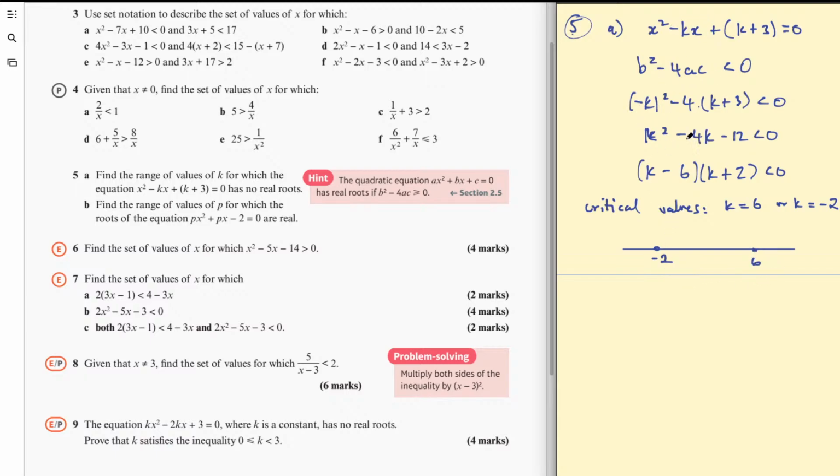And it's a positive, so it'll be this way. And we want the values of k less than 0, so the range of values for k will be between negative 2 and 6. And that's your answer there. So range of values for k between negative 2 and 6.